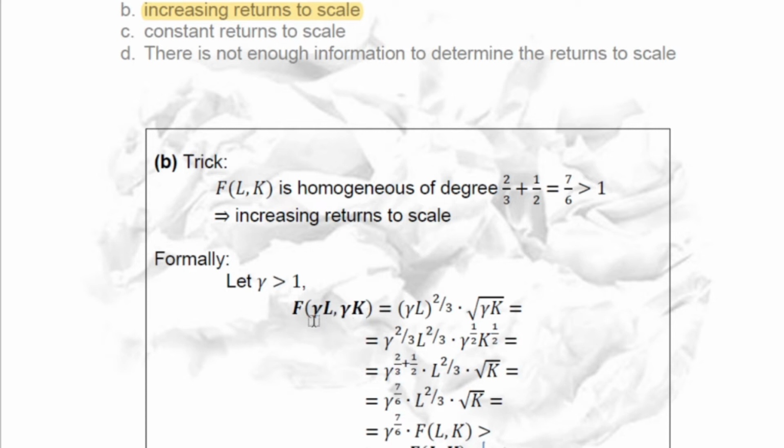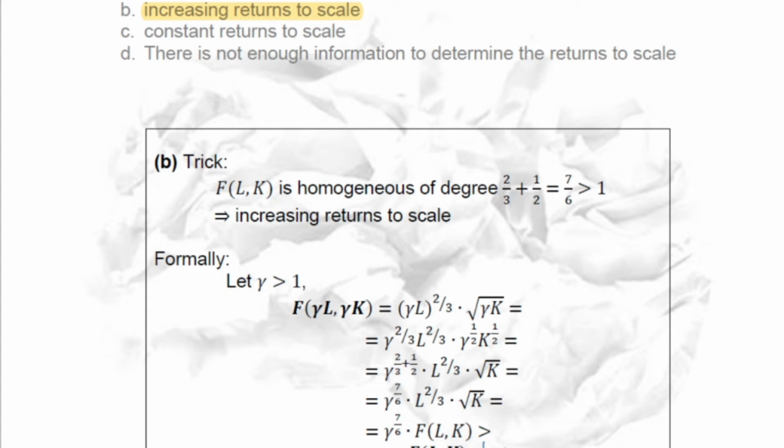Gamma L, gamma K here inside, we take them out, and we have gamma elevated to 7/6 times this expression, that is the function we had before. So at the end, we have gamma elevated to 7/6 times the function.